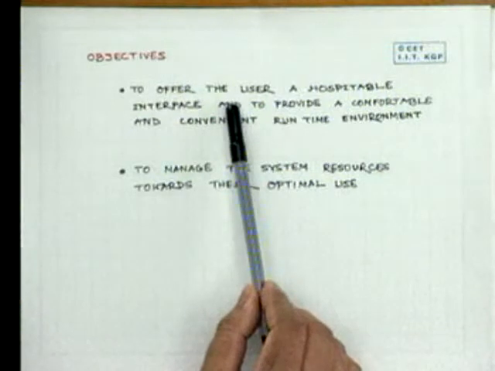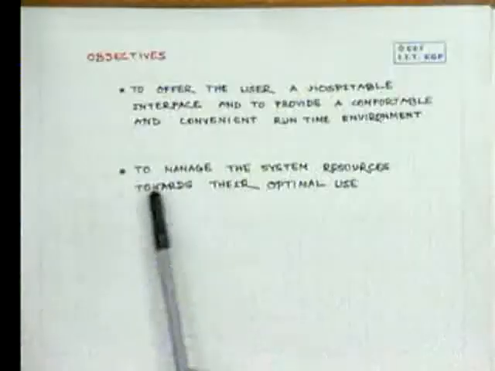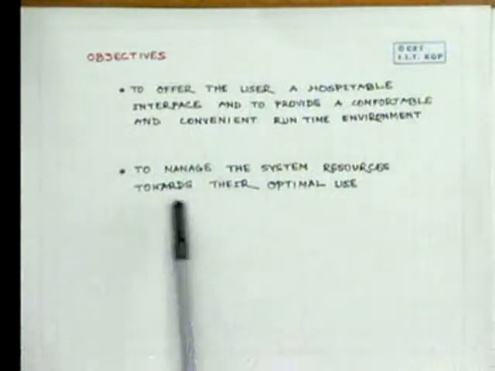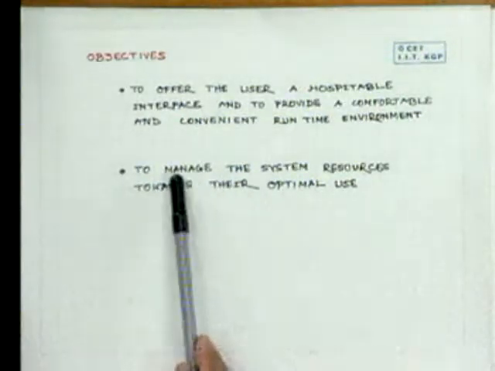Now, as we said there, the bare hardware is powerful but extremely difficult to use, and therefore operating systems give layers of software to give the user an extended machine view, where the user gets a comfortable user interface. And the second objective is to manage the system resources towards their optimal use.